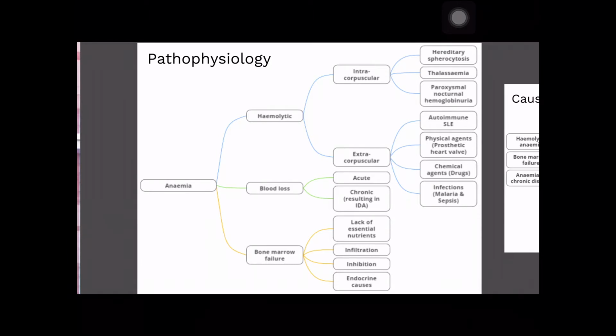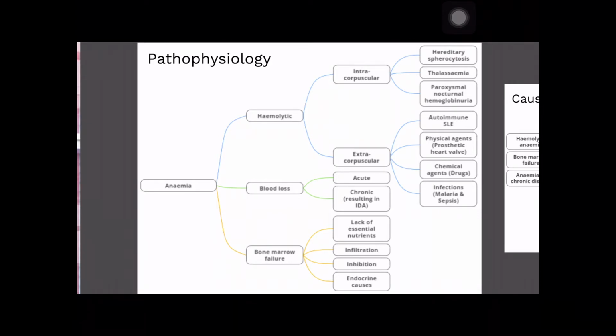In intracorpuscular anemia, there are hereditary spherocytosis, thalassemia, and paroxysmal nocturnal hemoglobinuria, and in extracorpuscular, there are autoimmune causes like systemic lupus erythematosus. And in patients with physical agents like prosthetic heart valve and those who are taking cytotoxic drugs, as well as in patients infected with malaria and sepsis.